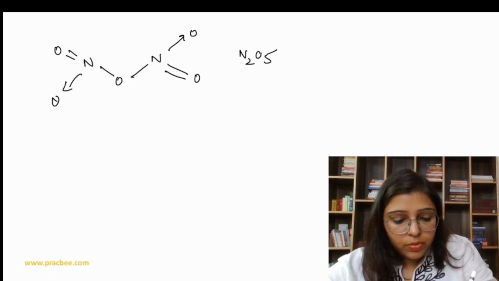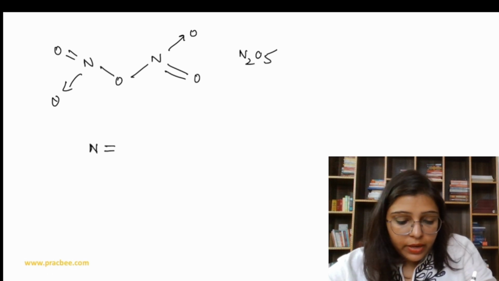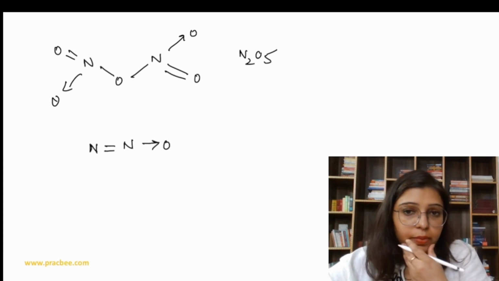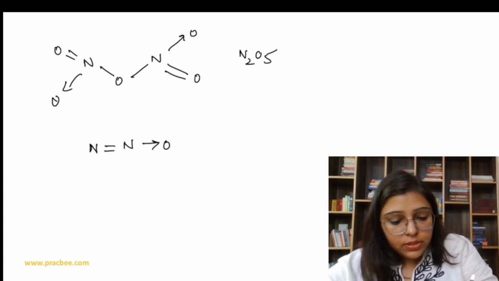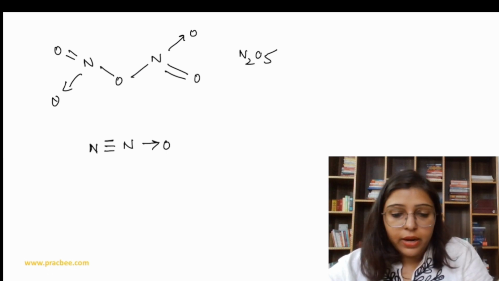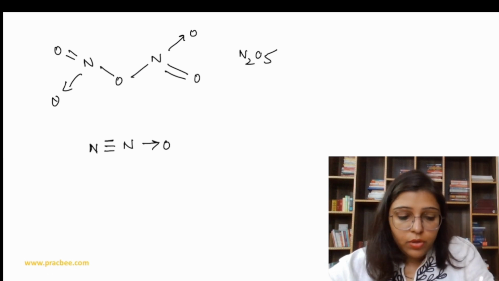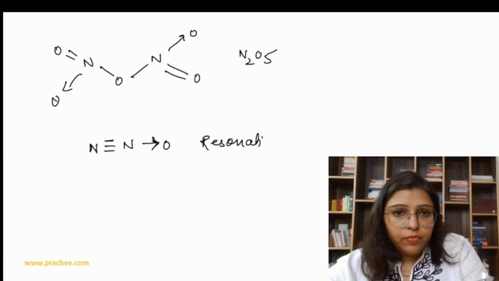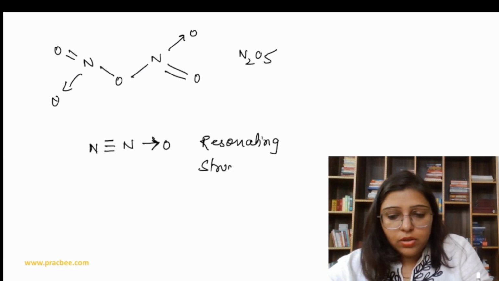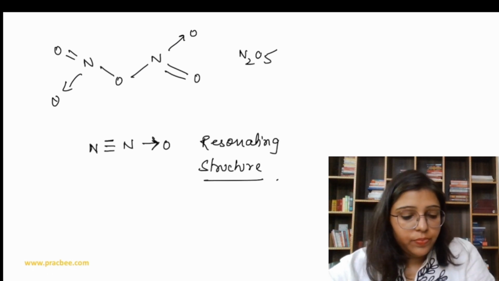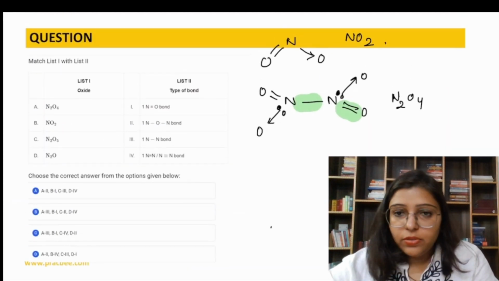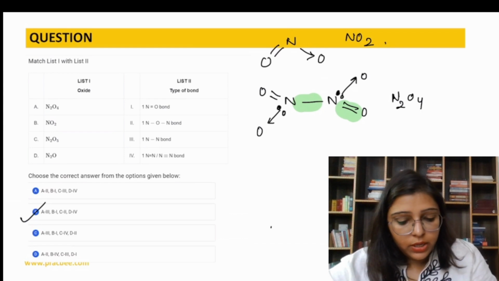We can write it as N double bond N, and then we can have the coordinate bond. This is possible. Or we can say N triple bond N, and then we can have the coordinate bond. So we can also have the resonating structure for this one. Okay, we can have it. So if we match with the options now, option B is going to be the correct answer.